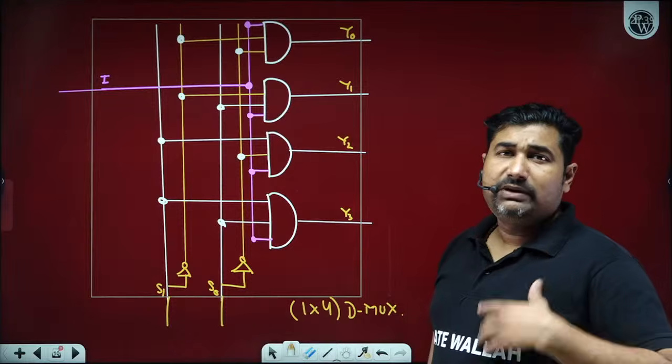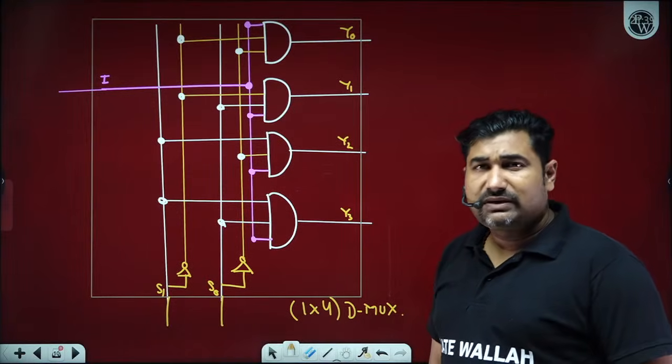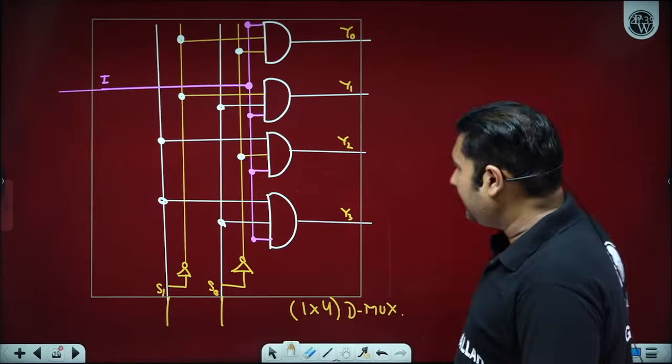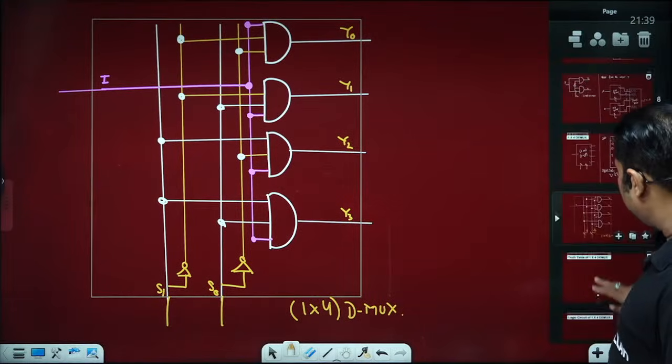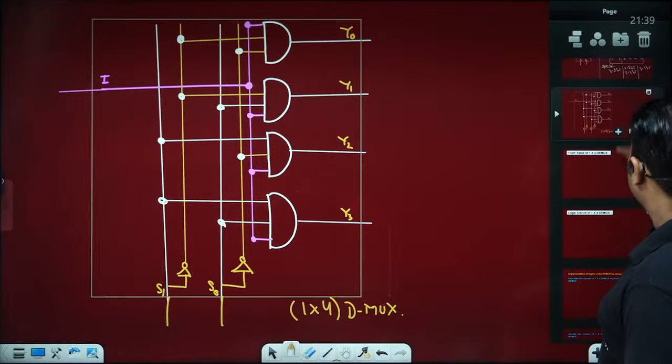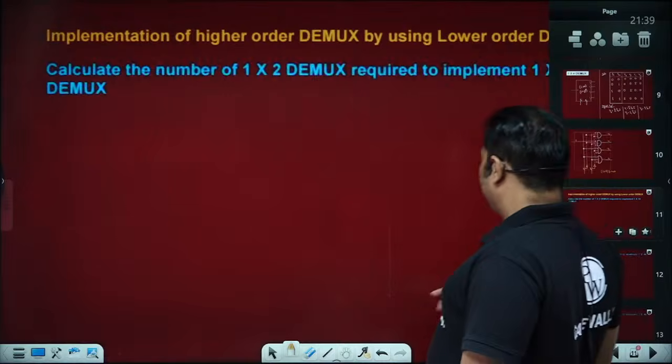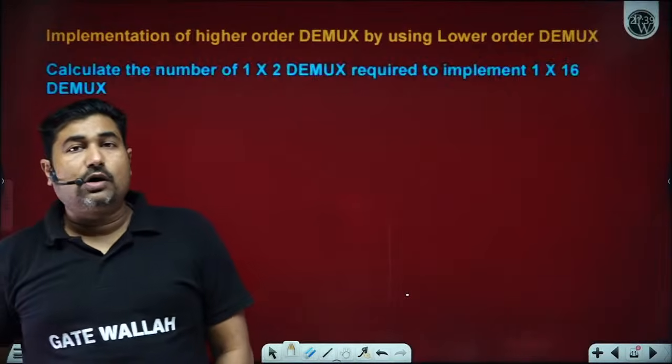Suppose we have to implement a 1 cross 4 demultiplexer operation, but we only have a 1 cross 2 demultiplexer. Then how can we implement a higher order demultiplexer by using lower order demultiplexers? So let's discuss the implementation of a higher order demultiplexer by using lower order demultiplexers.